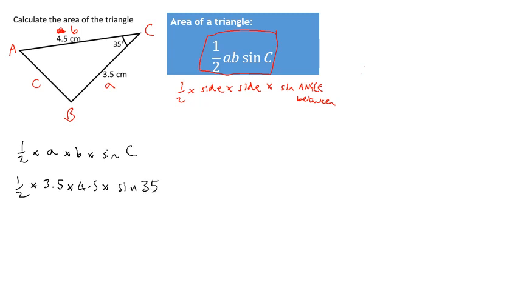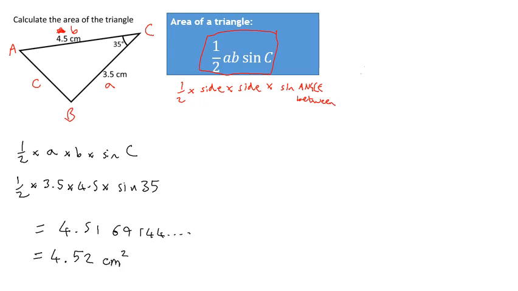All I need to do now is put that into my calculator. And that gives me 4.516914, and so on. Because this is area, I'm going to round this to 2 decimal places. And because it is area, the unit is centimetres squared.